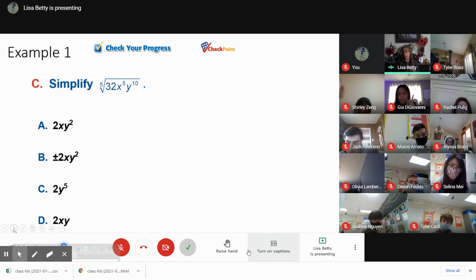That is correct, Gia. That is correct, Selena. If you're holding up two fingers, you're telling me there's a negative root, and there is not. That is correct, Shirley. That is correct, Rachel. Yeah, it's only the positive one. If it's an odd index, it's going to be the same sign as the radicand. So there you go. Only the positive because the 32 is positive.